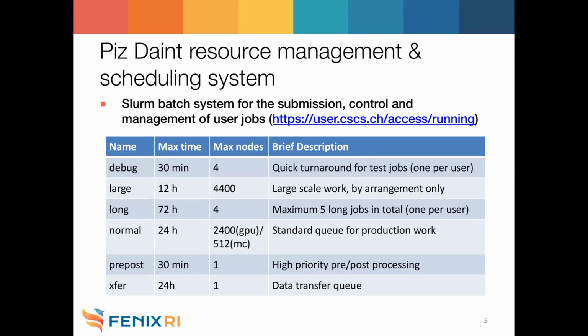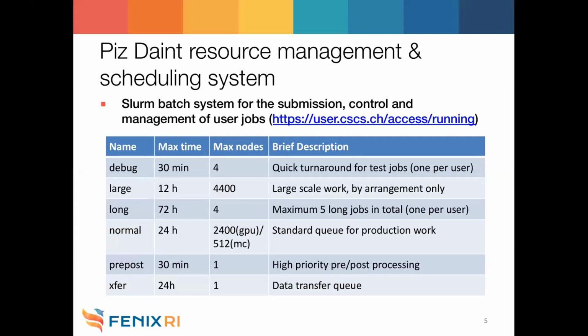If I go one by one, there is a debug queue. As you can imagine, as the name suggests, when you are debugging and troubleshooting a piece of code, you probably don't want to sit through a long wait while you are working in more or less an interactive mode. Because of this quick turnaround time for test jobs, one per user, so that it is not exploited, it's limited in terms of number of nodes and length of time.